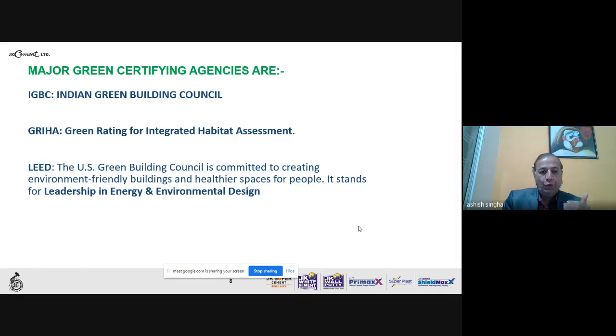And third, which is a US-based Green Building Council, LEED, which stands for Leadership in Energy and Environmental Design. A couple more agencies are also in place. So these are the major agencies which can be approached while seeking a green building assessment and green building rating.